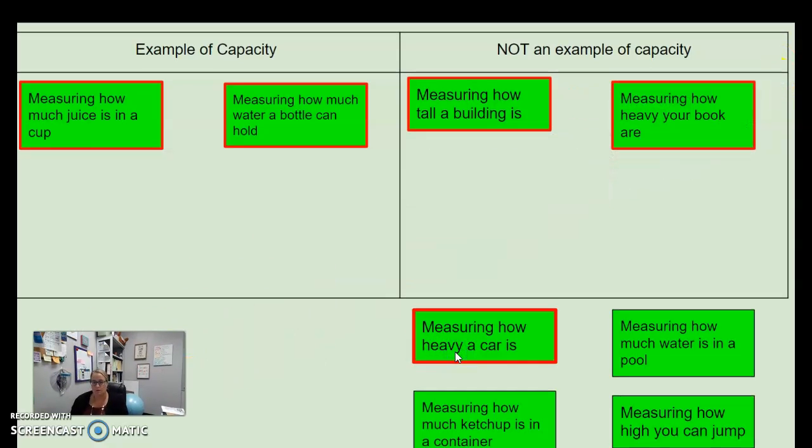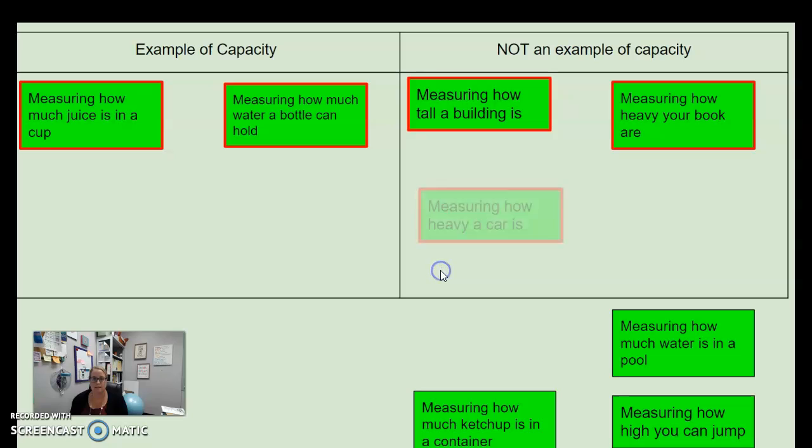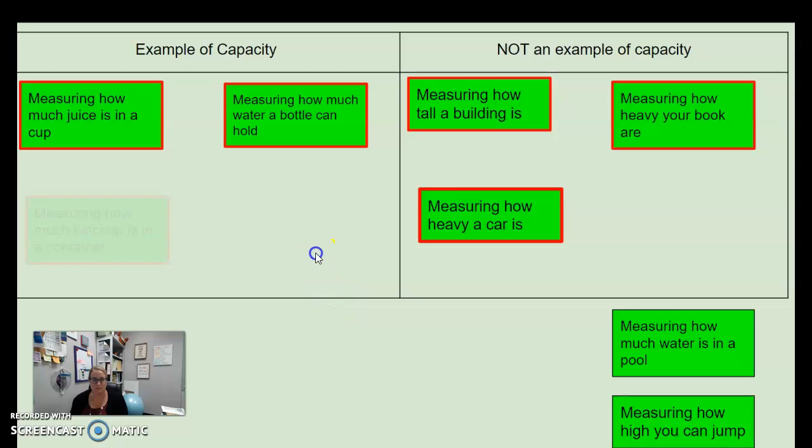Okay, what if I want to know how heavy a car is? Is that capacity or is that not capacity? That's right, it's not capacity, that's weight again. All right, what if I want to know how much ketchup is in a container? Is that capacity or not capacity? That's right, it actually is capacity because I'm seeing how much I can put inside of it.